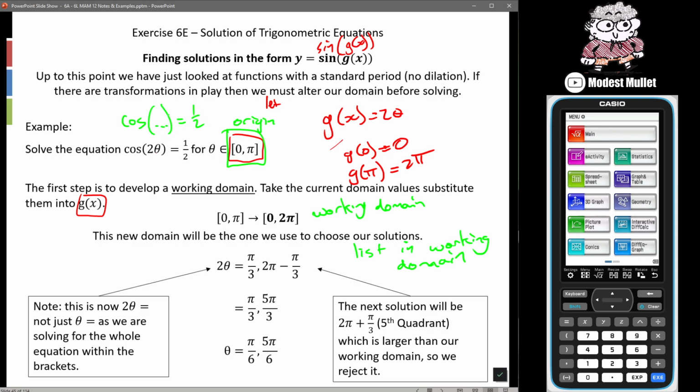This inside here technically needs to be, to give me half, we know from our exact values, the angle that gives me a horizontal component of half is, get my brain, that's, oh, I'm blank.